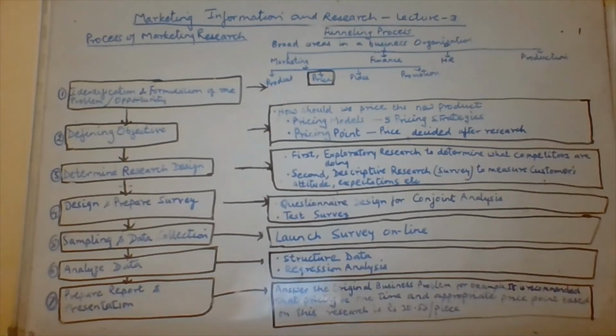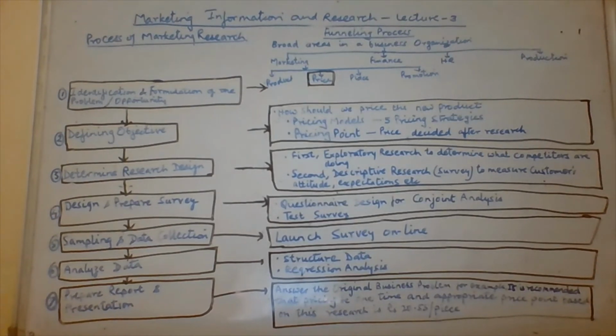Now, what is conjoint analysis? It is very important to understand what conjoint analysis is. Conjoint analysis is a survey-based statistical technique used in market research that helps determine how people value different attributes, like features, functions, and benefits, that make up a single product, or the product we are going to launch.